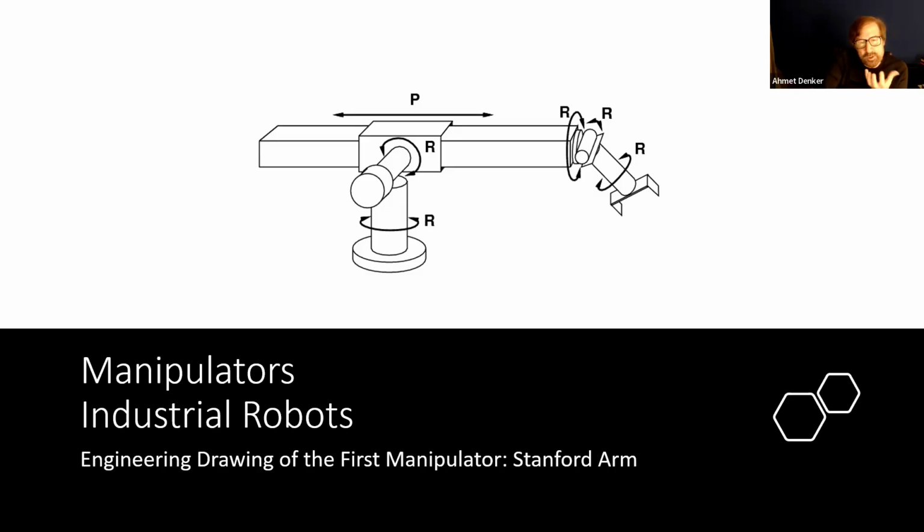Revolute is the joint which allows this link to rotate. So this R is saying to us there is a revolute joint here. As you see, like a human arm, a robot arm is also composed of two basic ingredients, joint and link.